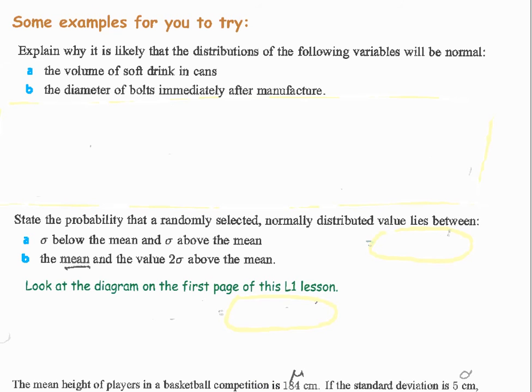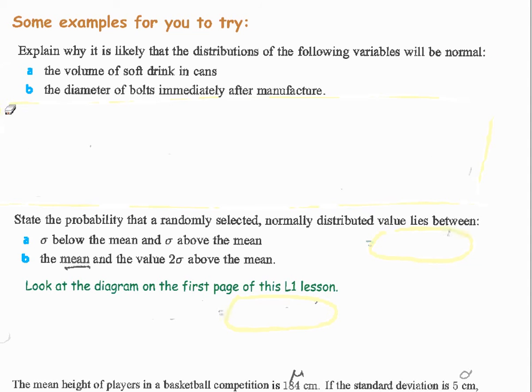To try. Explain why it's likely that the distributions of the following variables will be normal. So the volume of soft drinks in cans, or the diameters of bolts after manufacture. So try to think, why do the volume of soft drinks in cans follow this curve? Why do the diameter of bolts immediately after manufacture follow this general shape? So there's different things you can say for this.